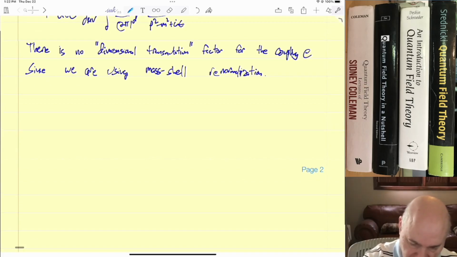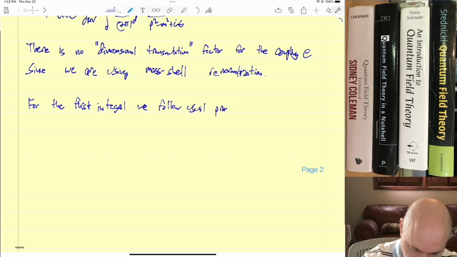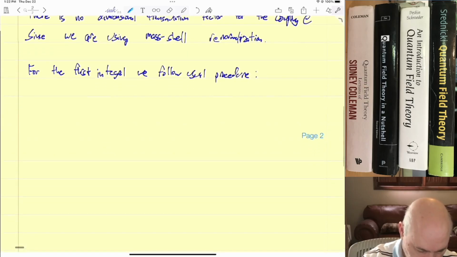So for the first integral, we follow the usual procedure. This is quite similar to what was done in the previous video. That's why I don't want to do it again.